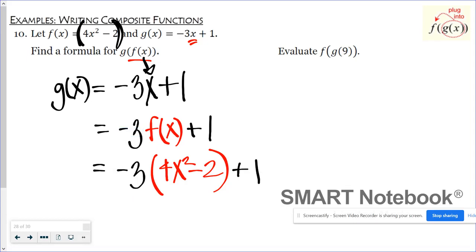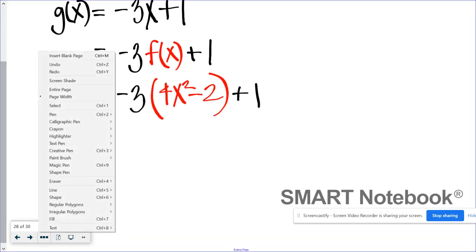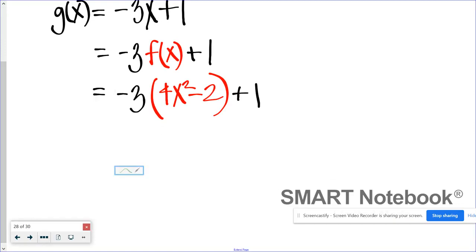So I'm making the substitution. Inside function goes into the outside function, okay? And what is left here for me to do is to simplify this. To simplify this, I want to distribute the negative 3.